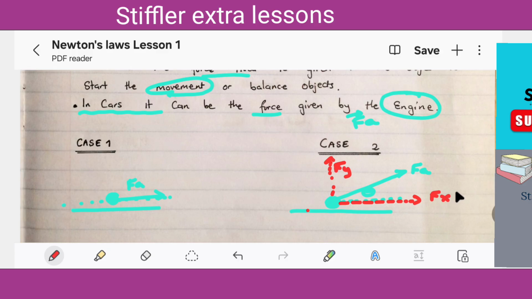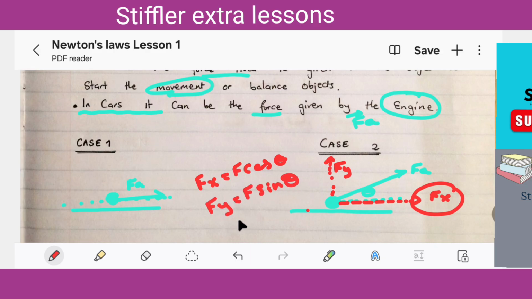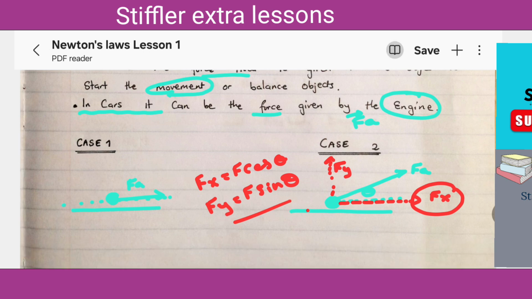In our equations of motion, we are going to use F at x. And remember, to calculate F at x, we use what? F at x is equal to F cos theta. And to find F at y, we said F sin theta. Don't forget that. That is very important.